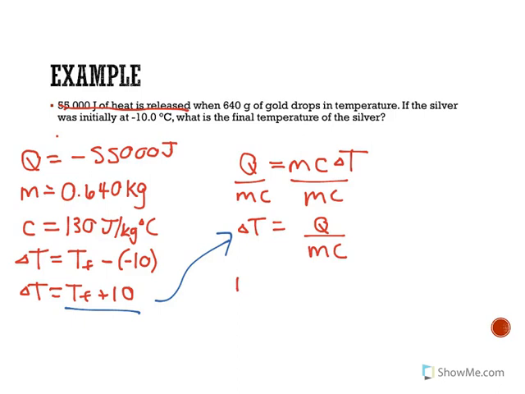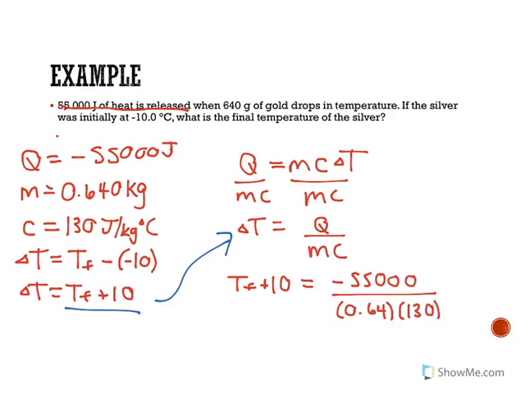So we need to go TF plus 10 is equal to negative 55,000 all over our mass, 0.64 multiplied by 130.